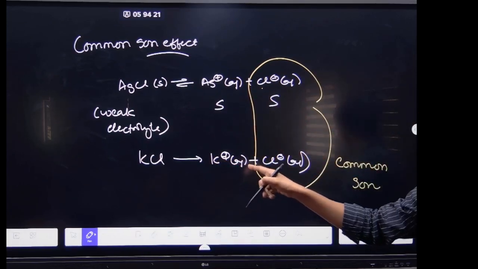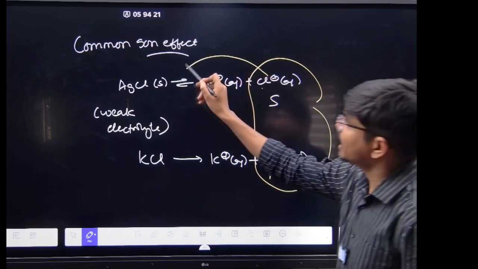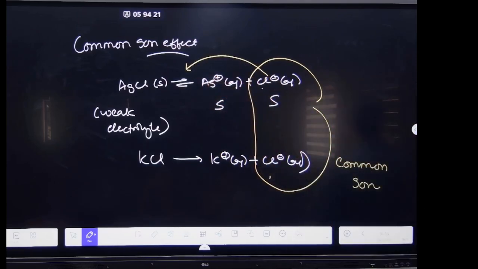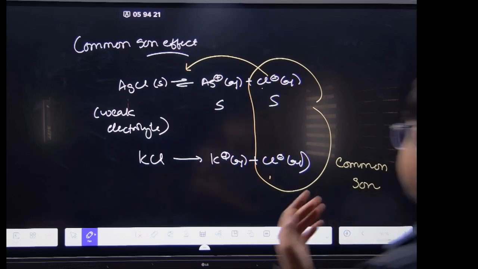This is a strong electrolyte, so it will not shift, the weak one will go backward. It means that on addition of an electrolyte having the same common ion, the solubility further decreases. Got it?